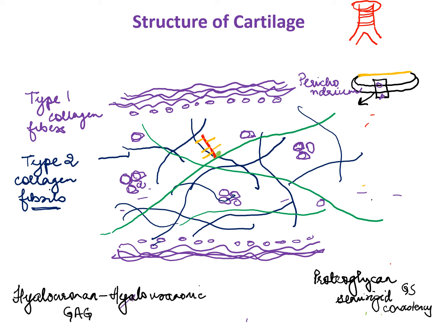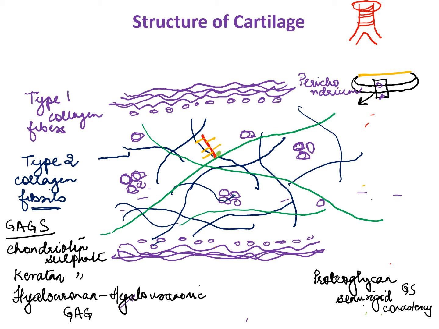And these glycosaminoglycans are chondroitin sulfate and keratan sulfate. So, ये एक कोर प्रोटीन है. इस कोर प्रोटीन पर ये ग्लाइकोजेमिनोग्लाइकन्स अटैच्ड हैं, जो या तो कॉन्ड्राइटिन सल्फेट हैं या केराटिन सल्फेट हैं.